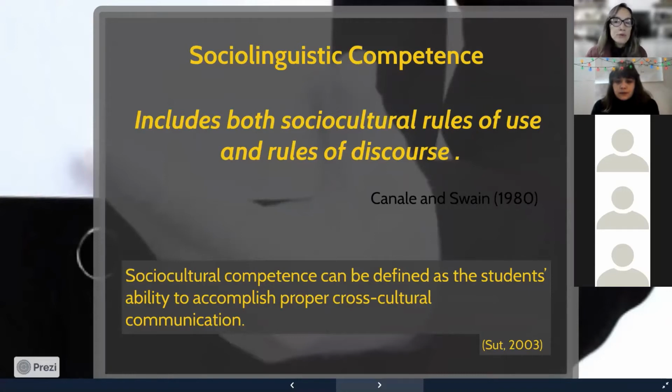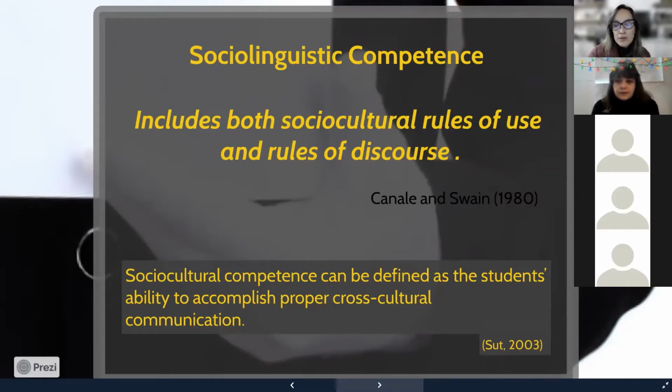When people use the language, right? And then also the rules of discourse. Discourse in the sense that it is not only isolated bits of language, but what it is that we mean to say, the functions that we use when we use certain language, okay?